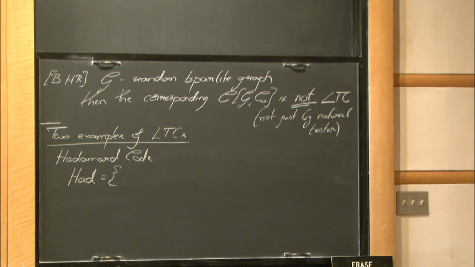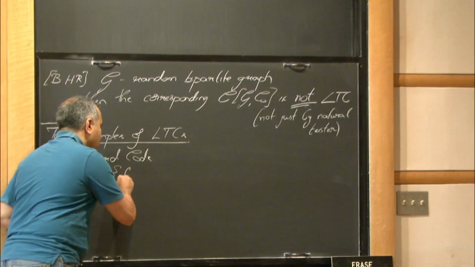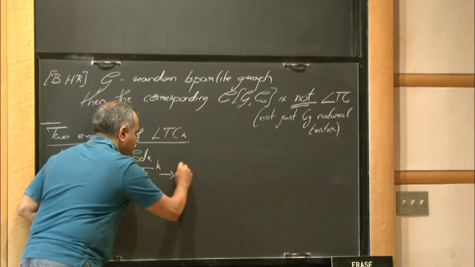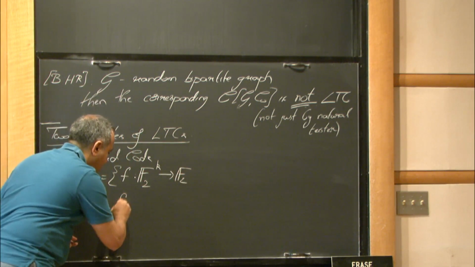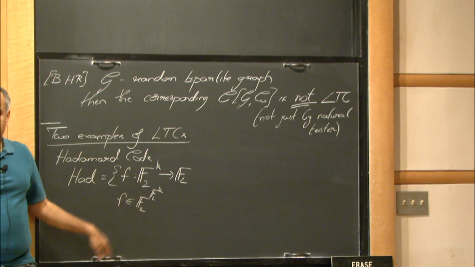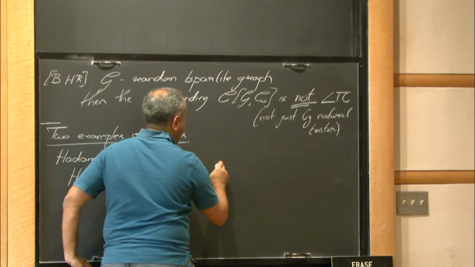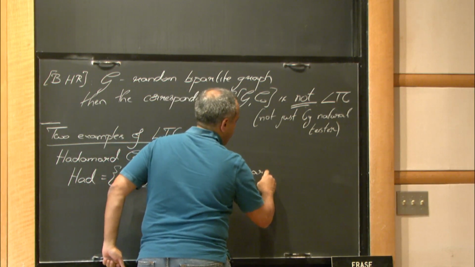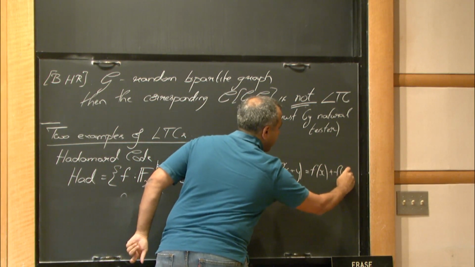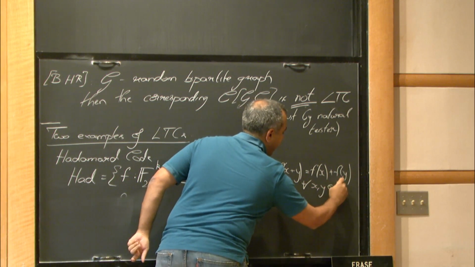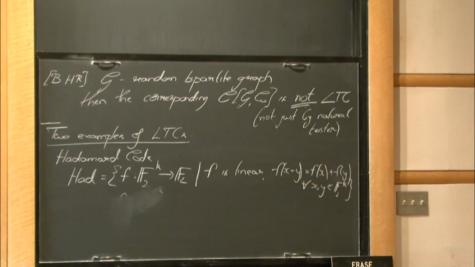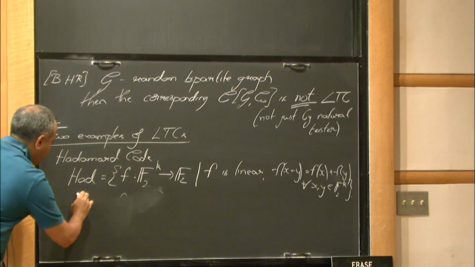Here, it will be easier to view the codewords not as strings but as functions from F_2^k to F_2. So each f is a function from F_2^k to F_2, and the block length is 2^k. The codewords are those f such that f is linear, that is, f(x+y) = f(x) + f(y) for all x, y.